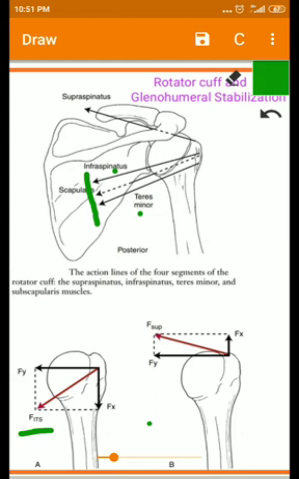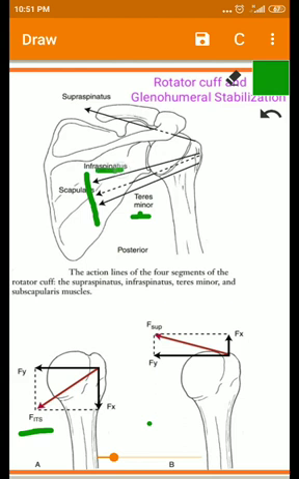Okay. Another important thing: here you have to observe that the teres minor and infraspinatus muscle, in addition to the stabilizing role, also contribute to abduction of the arm.